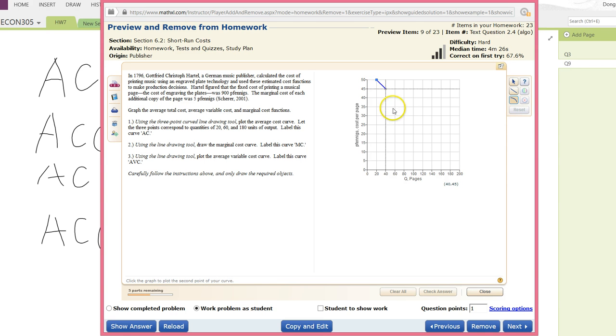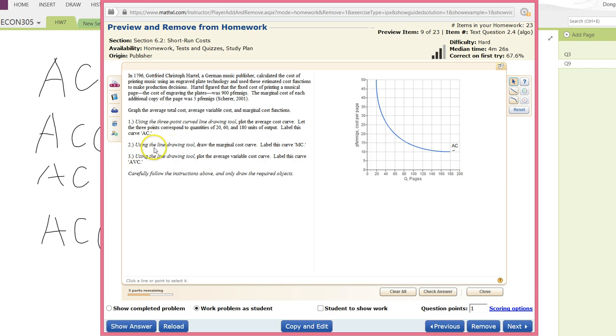And when quantity equals 60, the value drops to 20. So that's right here. And finally, when the quantity equals 180, the average cost drops to 10. So that's our average cost curve.